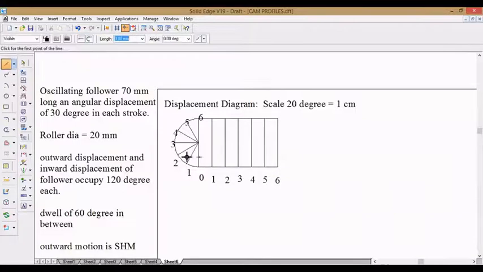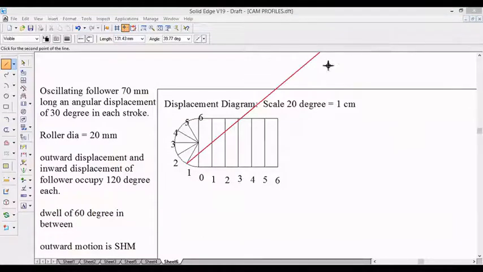Projection 0 and 0 will be itself. So 1, 2.